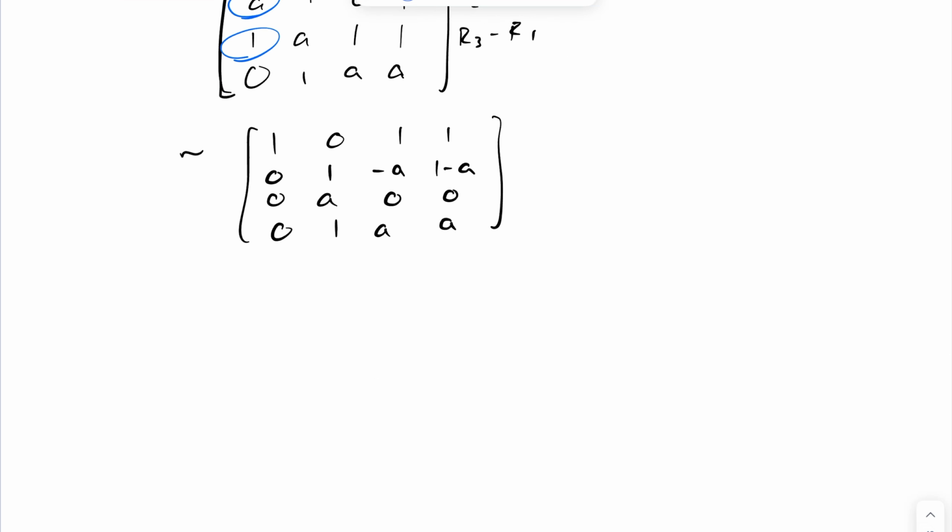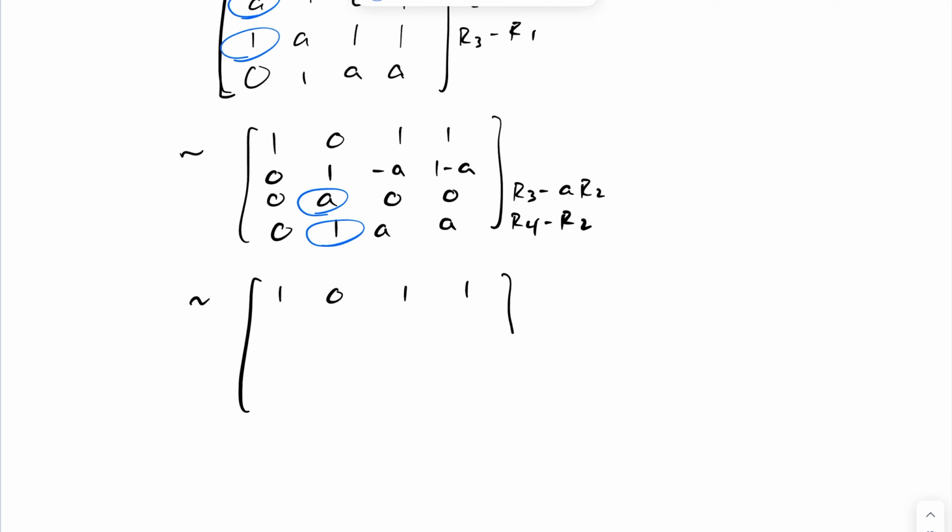So continuing on here, I want to make these entries 0. So I'm going to take row 3 minus a times row 2, and then row 4 minus row 2. And I'm not touching the first row. I'm not touching the second row. And this becomes 0, 0, a squared.